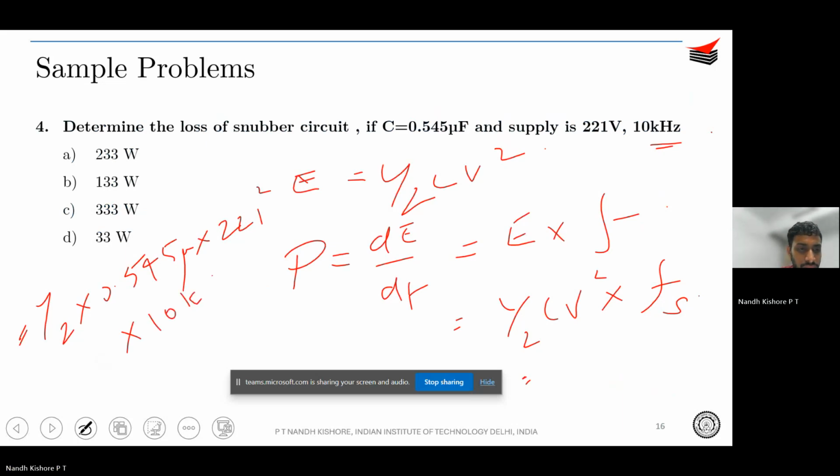So we will typically get around maybe 133 watt. The answer is this.